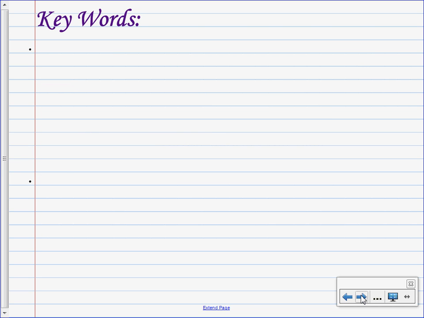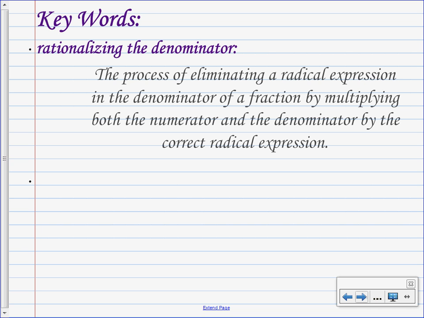Okay. 2 more words and we're done. Rationalizing the denominator. Now, in algebra, you did do this very shortly. For a short period of time, you rationalized the denominator. And it's kind of a long definition. It's the process of eliminating a radical expression in the denominator of a fraction by multiplying both the numerator and the denominator by the correct radical expression.